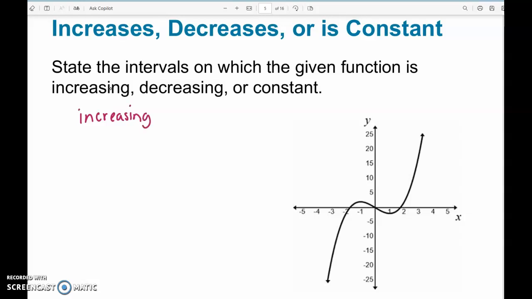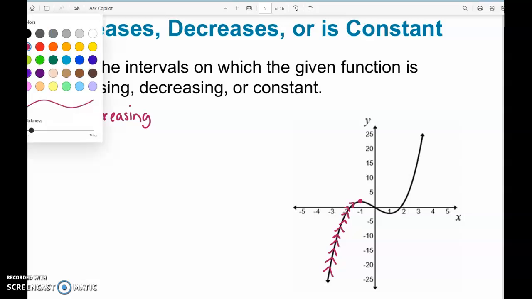So increasing, when I'm looking at this, I want to look at where the function is going upward from left to right. And I'm just going to draw right on here. I see it going up from here. And then I see it makes a turn. So right about here, it makes a turn. And then it goes downward.